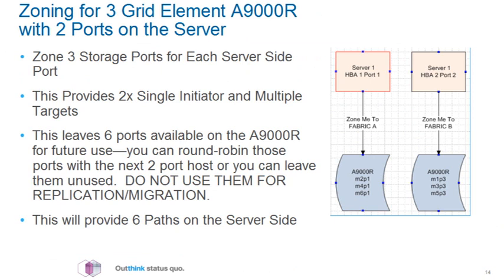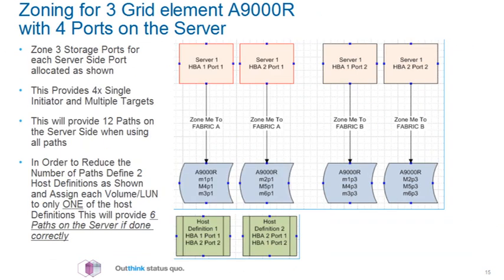All right, slide 16. 3-grid elements with 4 ports on the server. So as shown in the diagram here, note that if you do not follow the zoning host definitions introduced on this slide that we haven't had on any of the previous slides, you'll end up with 12 paths on the server side.